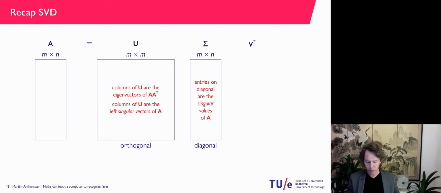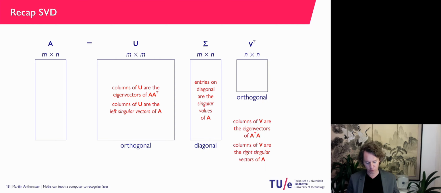In the U matrix are the eigenvectors of A A transpose, in a normalized version. So they all have length 1. Every column of this U matrix is a vector of length 1. And if you pick 2 columns in U and you compute a dot product, you will find 0, meaning that all different columns are orthogonal to each other.